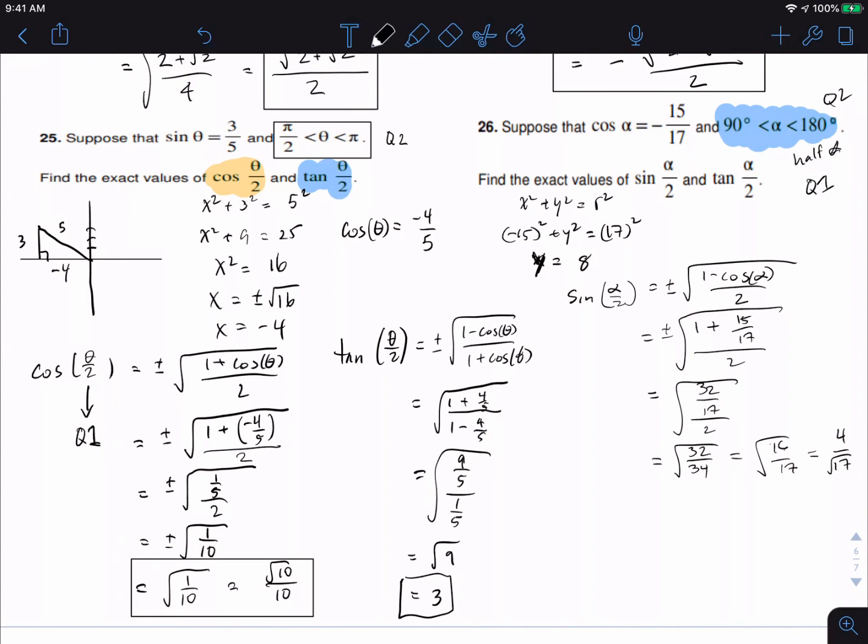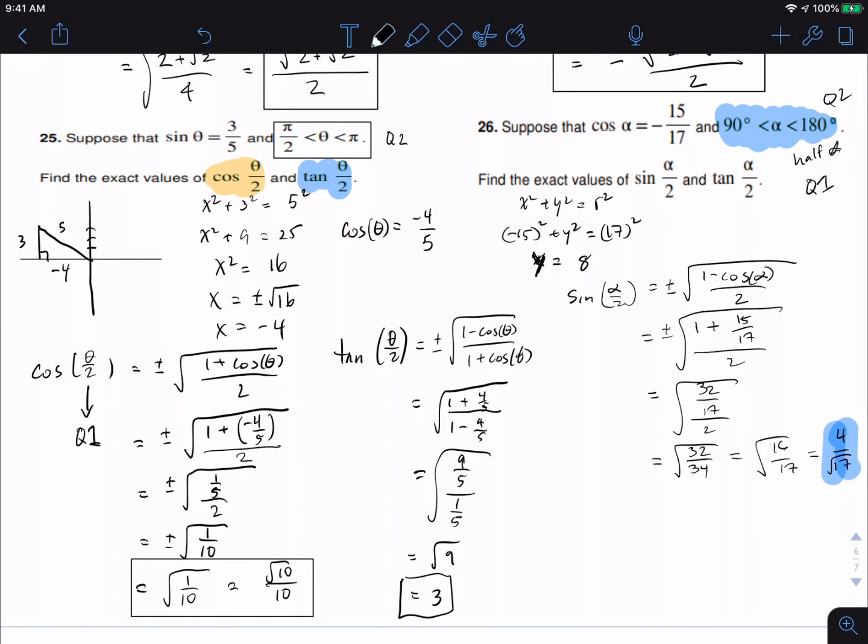And again, that is positive, and if we wanted to rationalize it, we could, but this is okay for me.